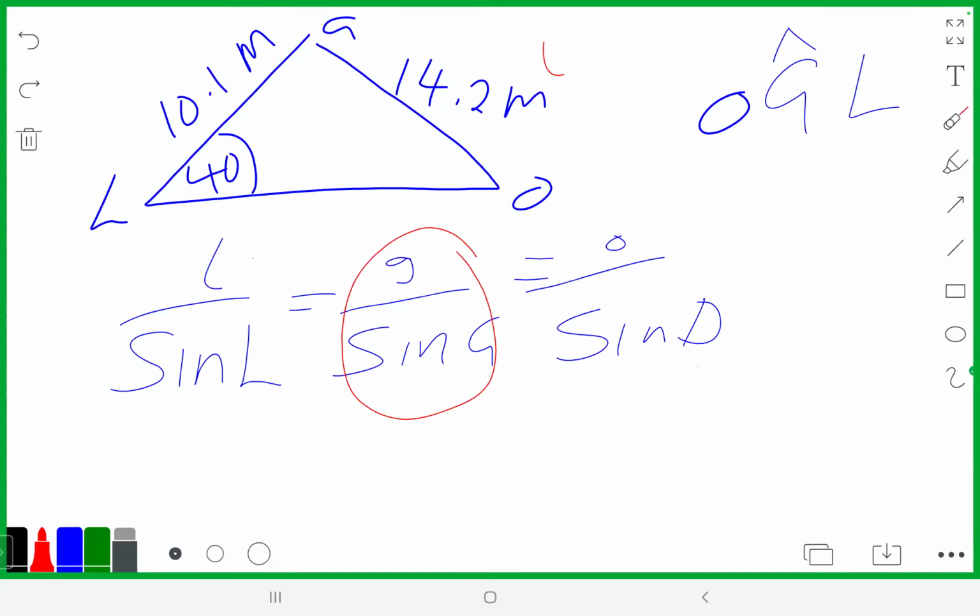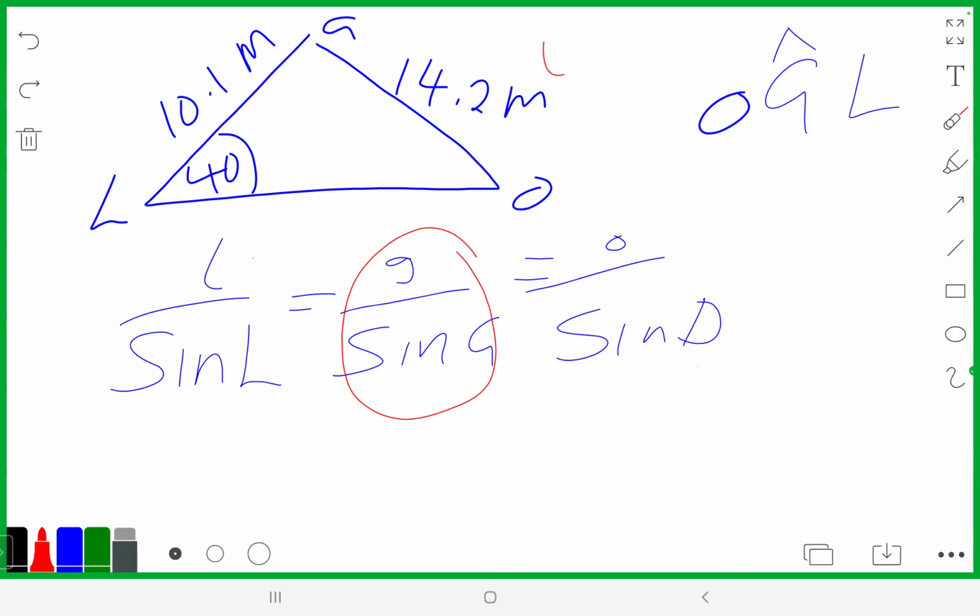How can we manage to find this angle G? Okay.